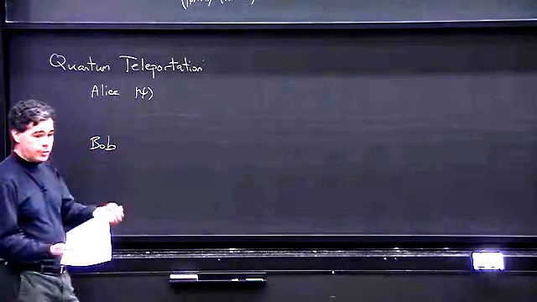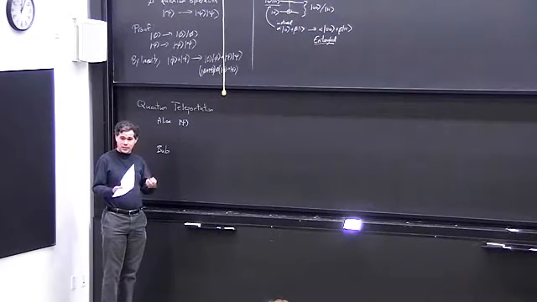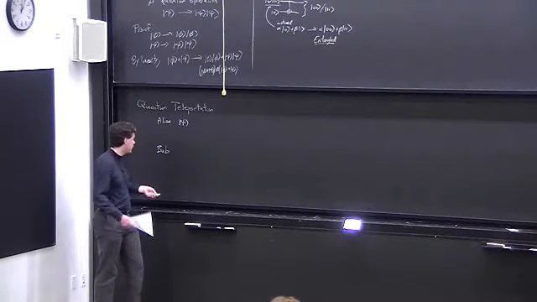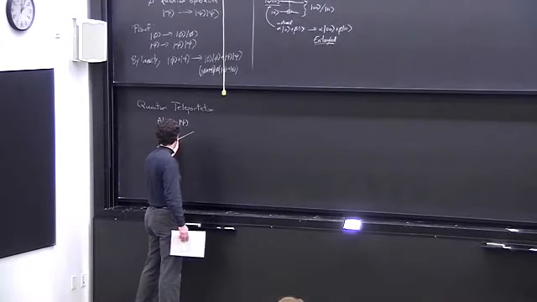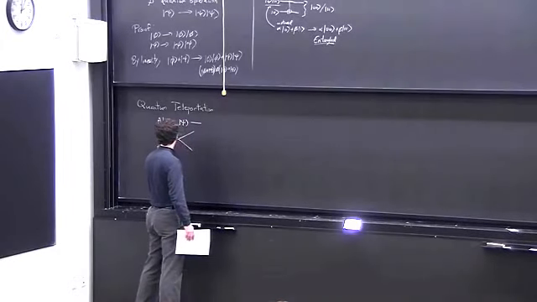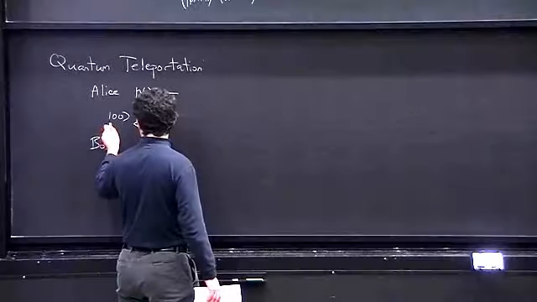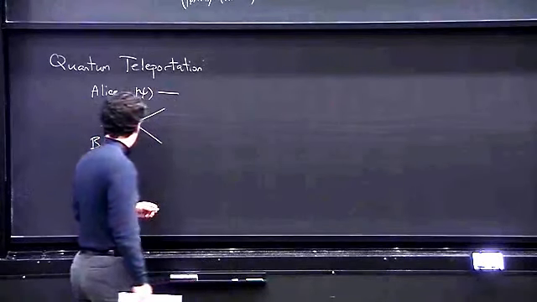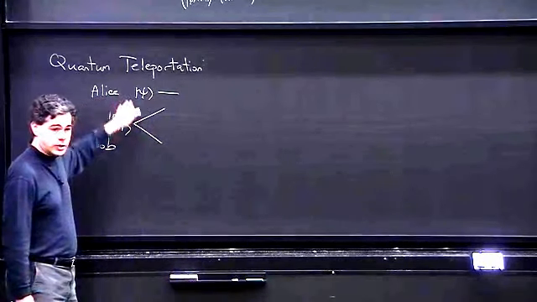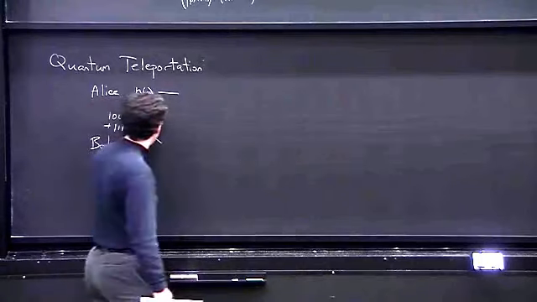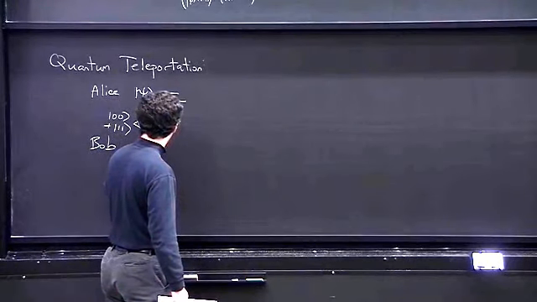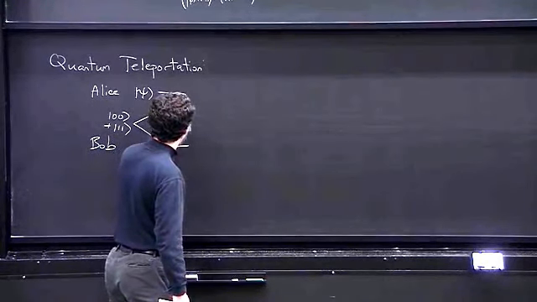But it turns out that in the case where Alice and Bob were together in the past, and in the past they established a shared entangled state, this state is going to be 0, 0 plus 1, 1. And each one of them has one of these qubits. So one qubit is held by Alice, and one qubit is held by Bob.